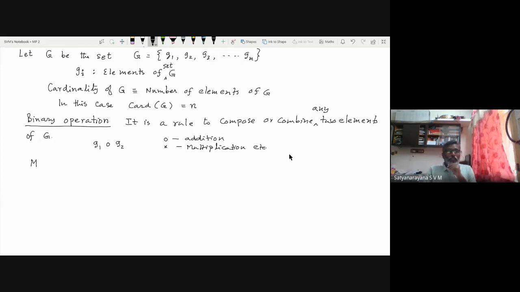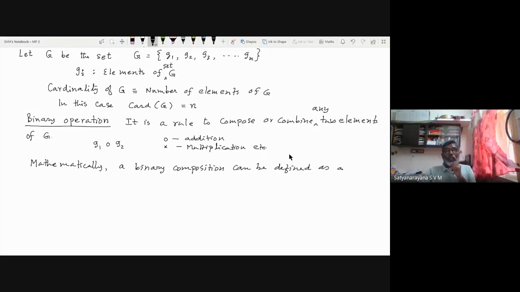Mathematically, a binary composition can be defined as a map.